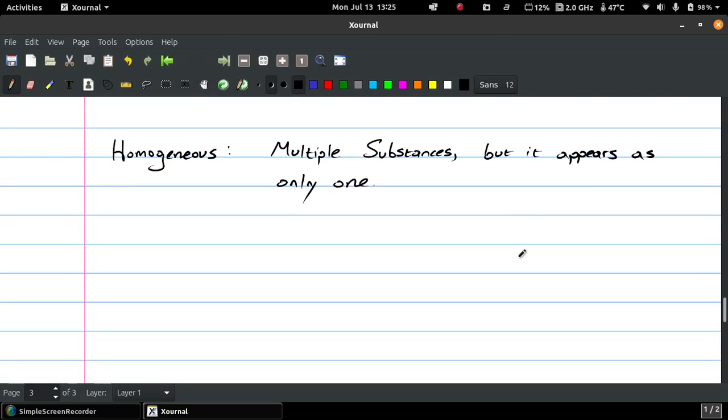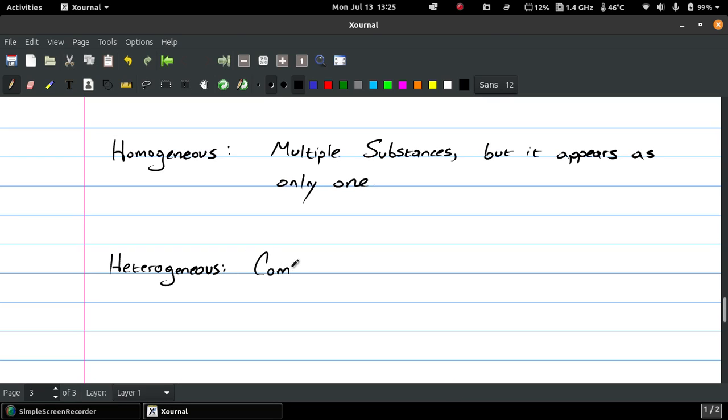And then the last definition would be heterogeneous. Heterogeneous just means the composition varies from region to region.